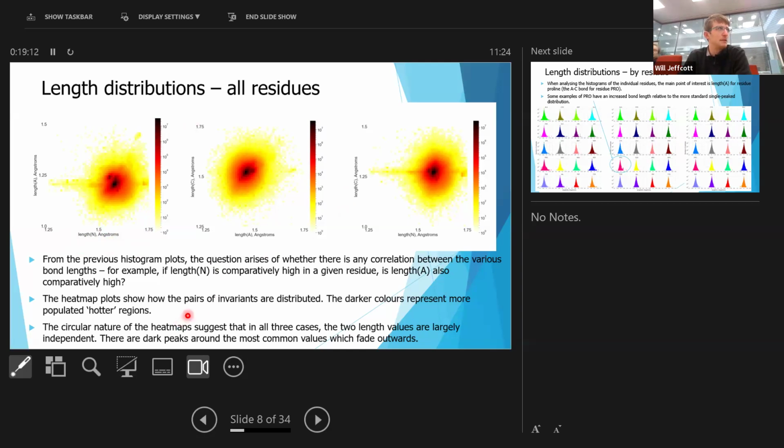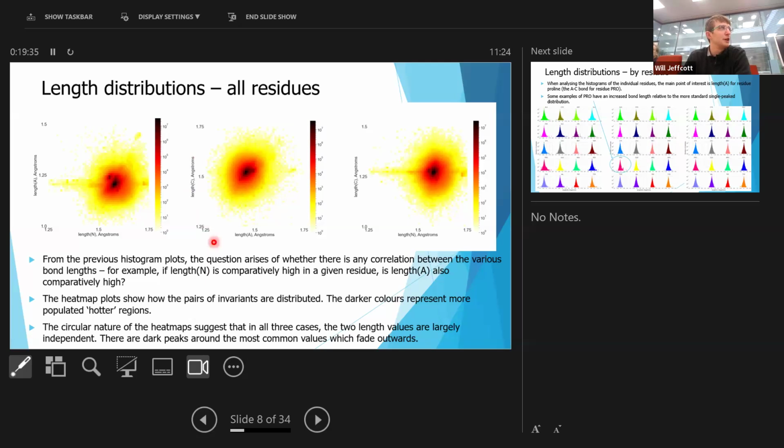The heat map plots basically show the distribution. The darker colors represent more populated regions where the count is higher. In all 3 cases here, we see quite a circular heat map where we've got a very dark center and then it gets less hot as we spread out.